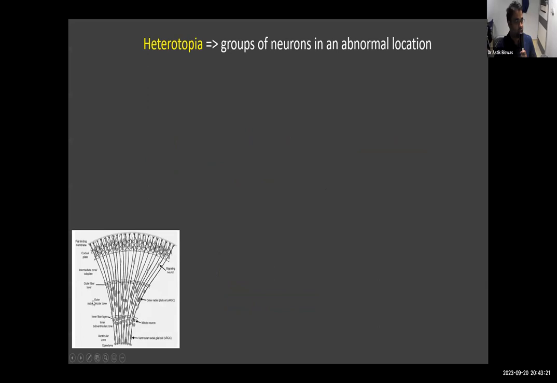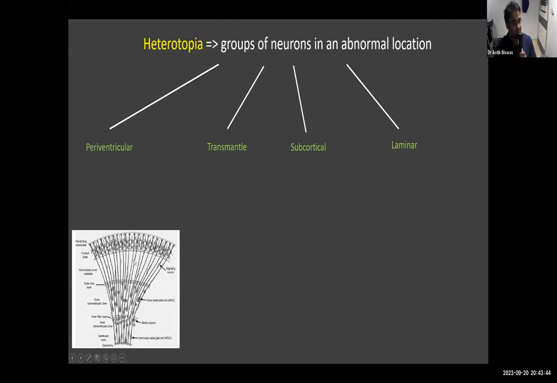So again, looking at this diagram here, the neurons proliferate in the ventricular and subventricular zone and then migrate to reach the cortex. So if this process of migration is arrested at any point, you can have heterotopias, and depending on where it is arrested. So if it's arrested at this level, it's periventricular heterotopia.